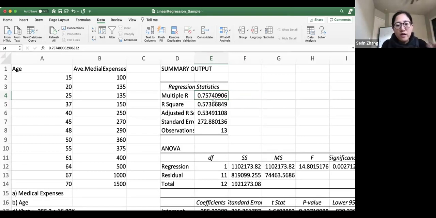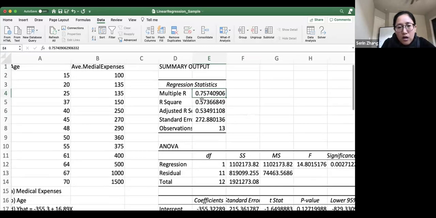If it's greater than 0.9, it's a very strong linear relationship. But if it's between 0.6 and 0.7, it's somewhat weak. Here we have a somewhat strong linear relationship.